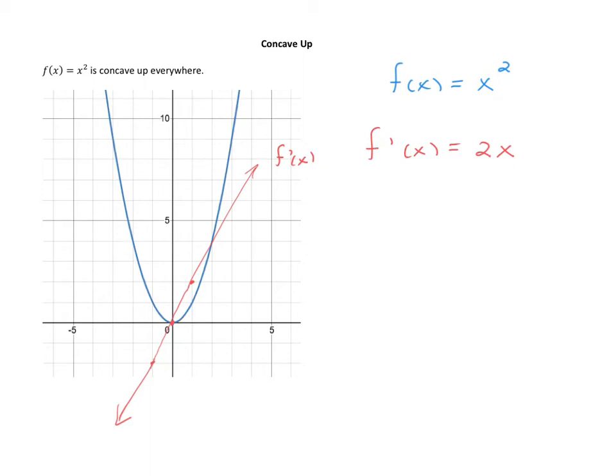If you think about what the slope is equal to over here, well, it's some negative number. As you move along the curve in this direction, the slopes of the tangent lines are still negative, but they're less and less negative until they become 0. And over here, the slopes are becoming more and more positive. This correlates to a derivative that is increasing.